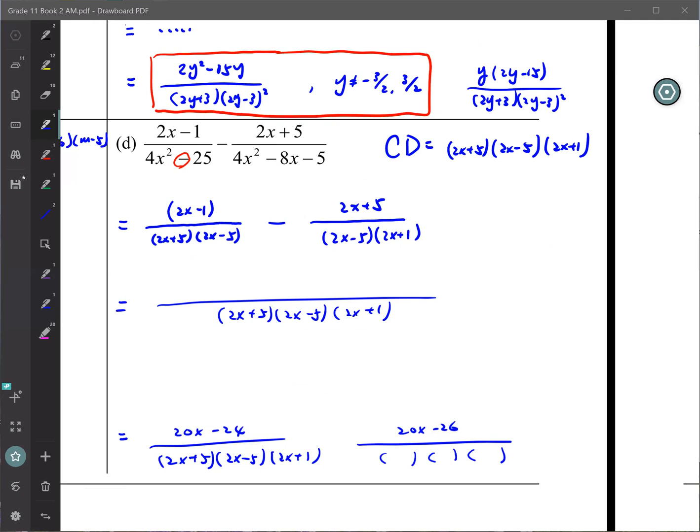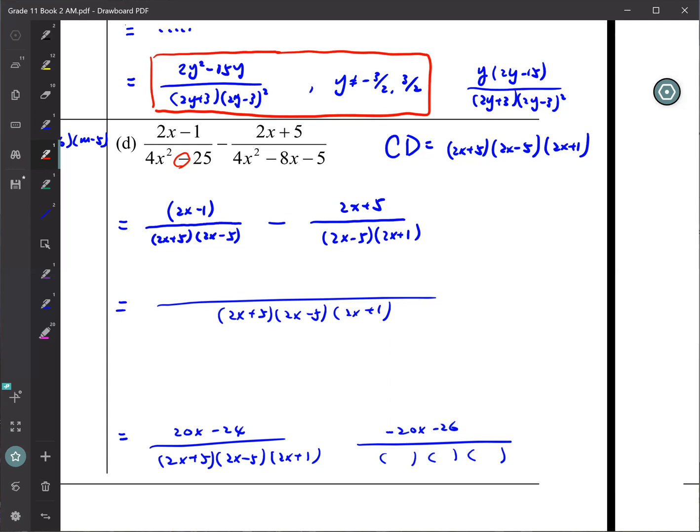I got the same as Yoshir, except the 20 is a negative. Negative 20x, you mean? Yeah, negative 20x. Okay, all right, so how about Colin? Same. Same? Okay.